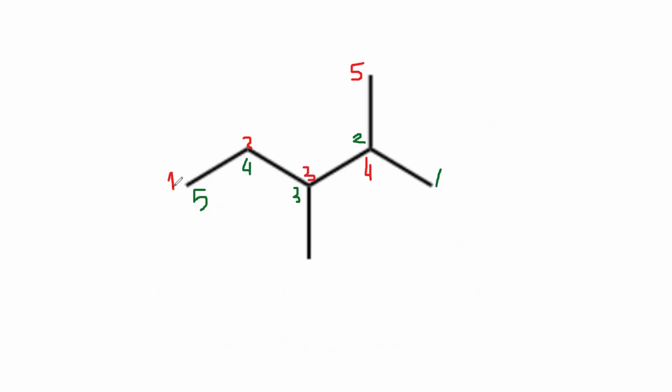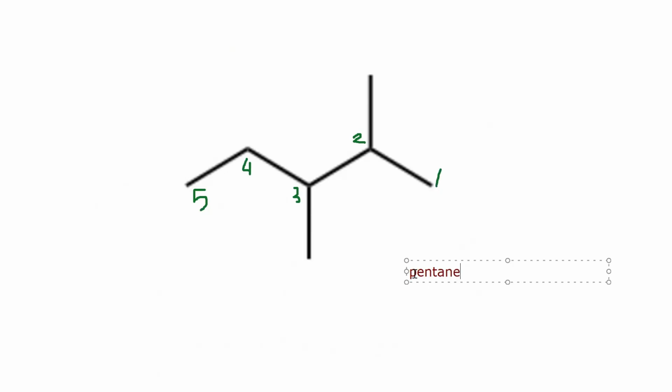So we have to exclude the red numbering and we consider the green numbering. Now we know the main backbone. The main backbone is 5 carbons. 5 carbons means pent, so you have to write it first. And there are no double bonds or triple bonds, so this is ane. This is a saturated alkane, pentane. This is the main carbon backbone.